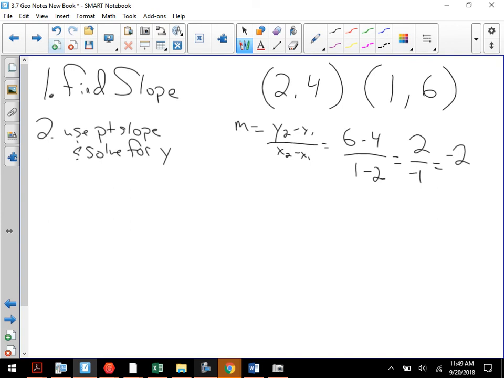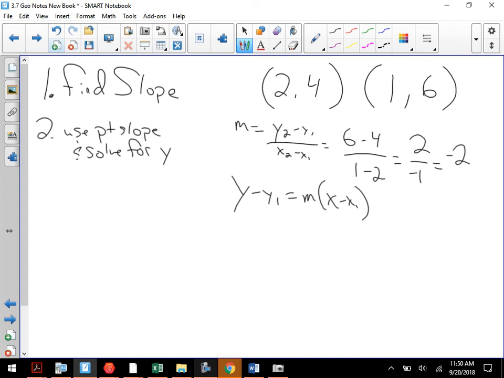Sometimes one of them will have a 0 in it. If that's the case, it's a little bit easier to work with zeros, less math. But the point slope then, remember you have y minus y sub 1. Just using that.